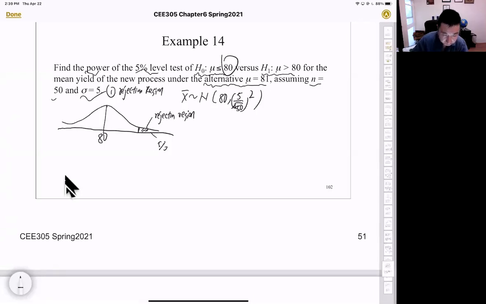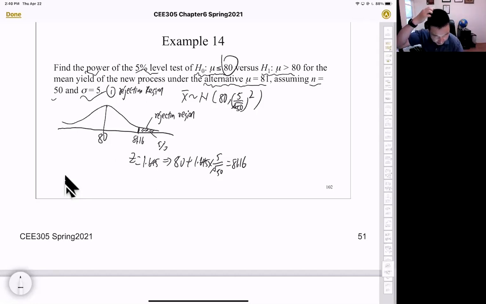The z-score based on table 8.2 is 1.645 to have a right-hand tail of 5%. From there we can calculate the mean value: 80 plus the z-score 1.645 times sigma over square root of sample size, which is 81.16.